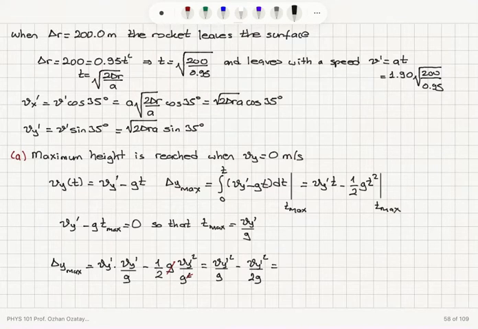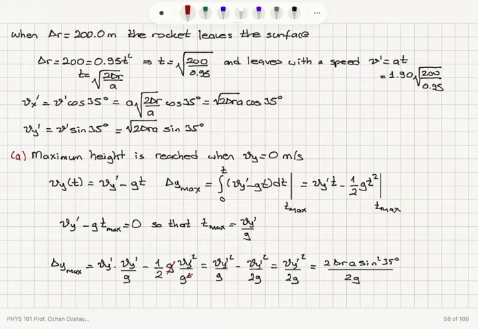So this will be equal to Vy prime squared divided by 2g. And for Vy prime, I substitute the square root of 2 delta Ra sine 35. So it is 2 delta Ra sine 35 squared divided by 2g.